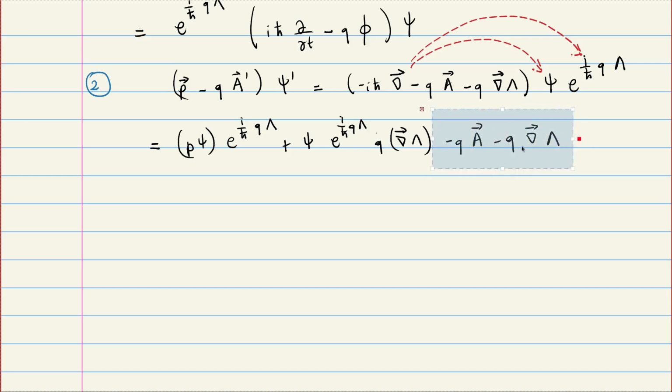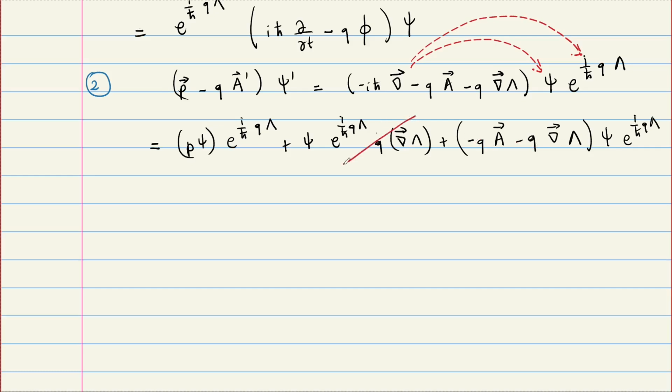So let me write it like this. So this is plus psi e to the i over h bar q lambda, and now I can see this vector. This is q gradient lambda, this is minus q gradient lambda, so this vector is going to cancel this vector, and what remains I'm going to combine like this.